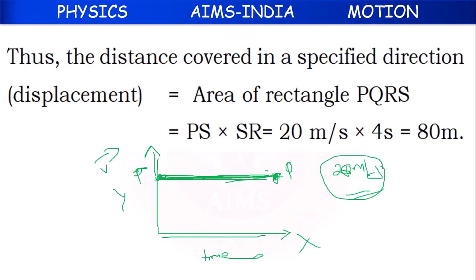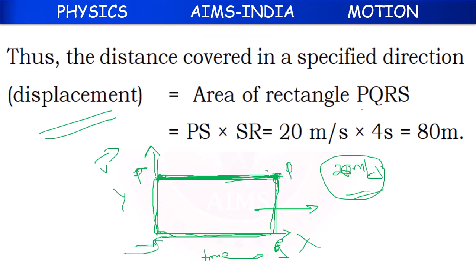Suppose from P we draw a perpendicular line, let it be from here, and if it is R and S, then the area between the straight line and the coordinate axis is represented by the rectangle PQRS. The area of this rectangle will give the displacement.